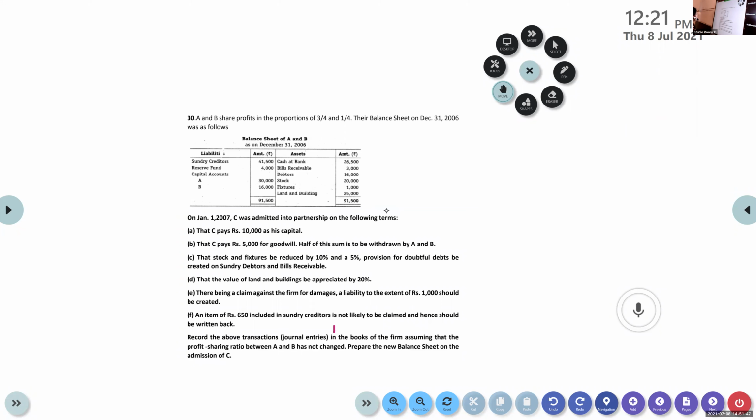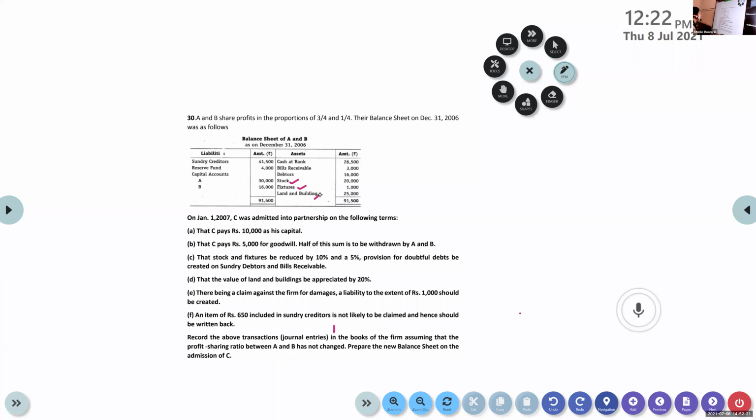Okay. Stock and fixtures to be reduced by 10% and 5%. So what is happening to stock and fixtures? The assets are going to get reduced. Then value of land and building be appreciated. So land and building also, the value is increasing by 20%.